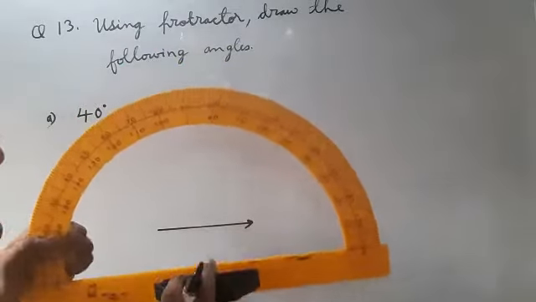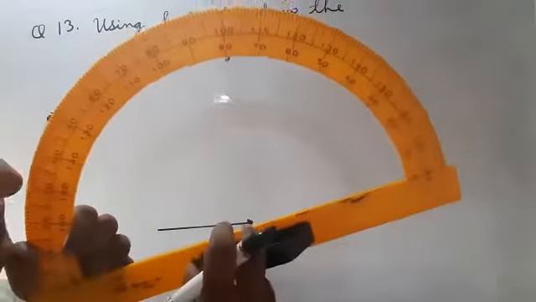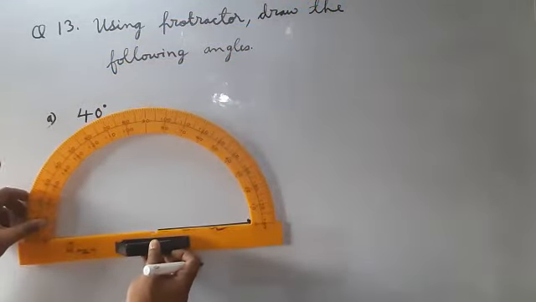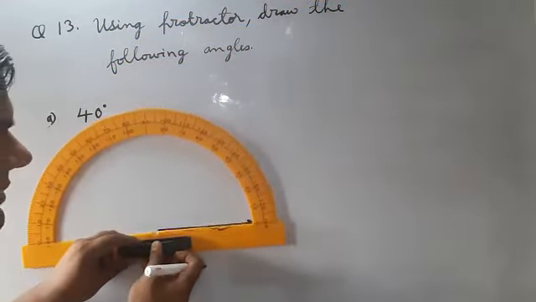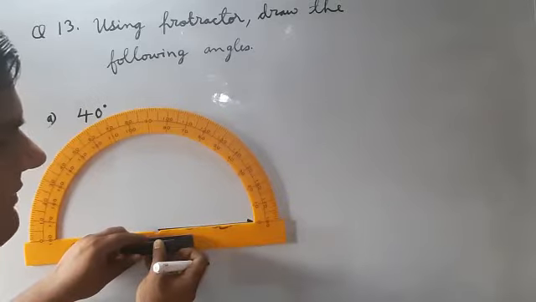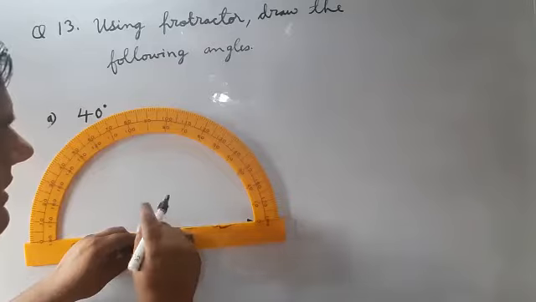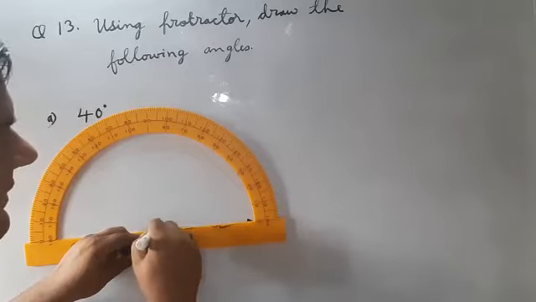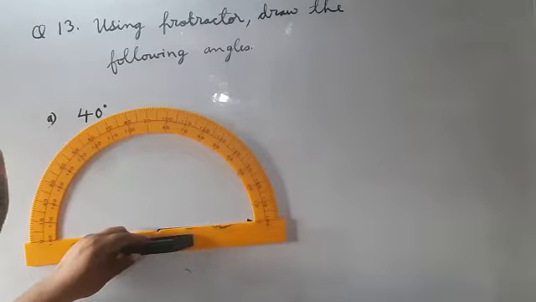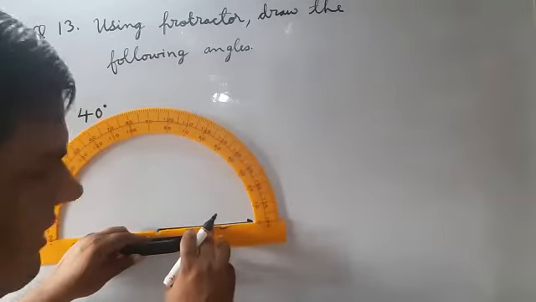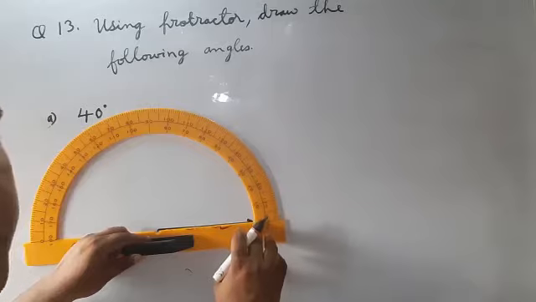Now you have to put the center of the protractor here. The center point is the half part, a semicircle. That center point you have to keep, and the line should match with your black baseline.